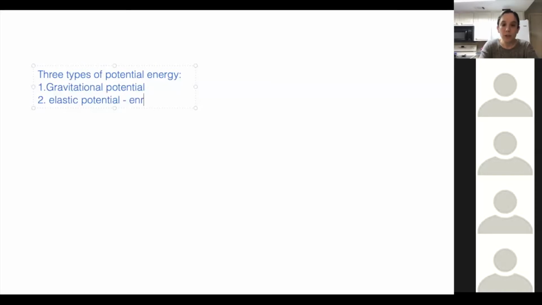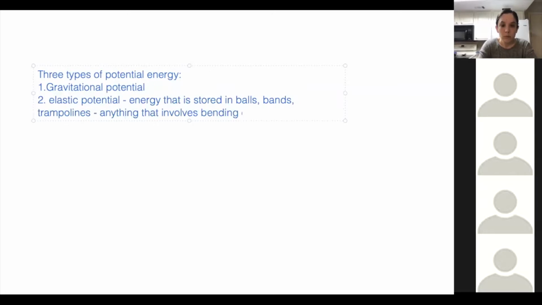That'd be energy that's stored, anything that can bounce or snap or bend back and forth. So anything that involves bending or bouncing would fall under elastic energy.